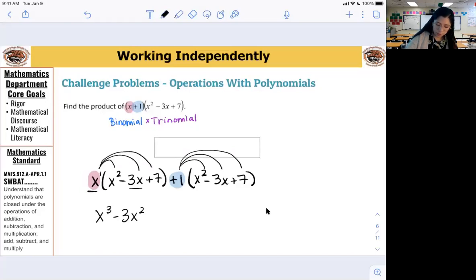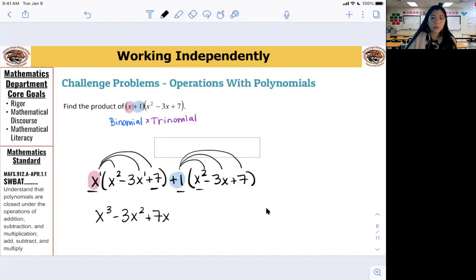Again, 1 plus 1 gives me 2. Next one, x times 7 equals positive 7x. Beautiful. Next one, now I'm just multiplying everything times 1.